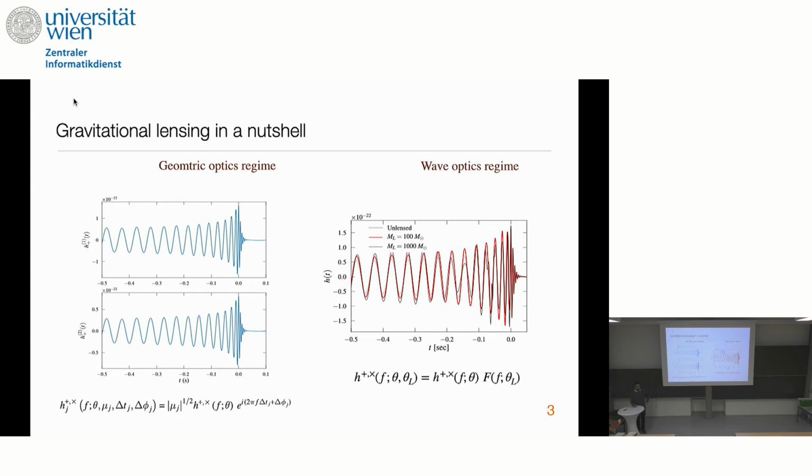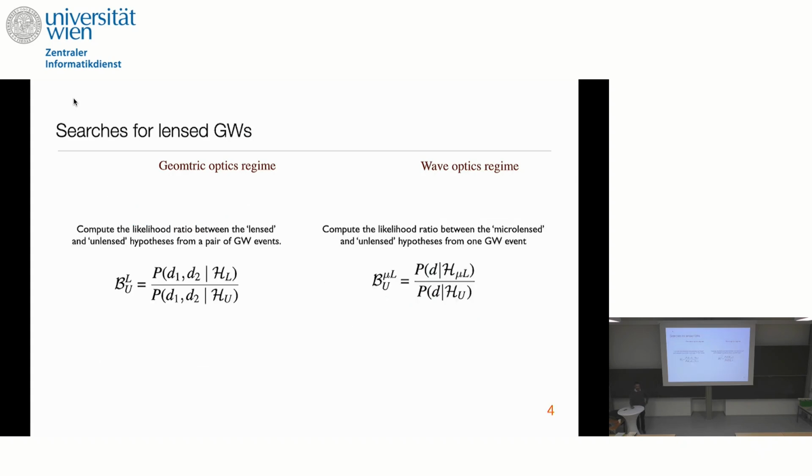At least in the case of simple enough lens models, one can compute these magnification functions. We have several interesting talks on that, and compute the lensed gravitational waves. We could also look for these lensing effects in the data.